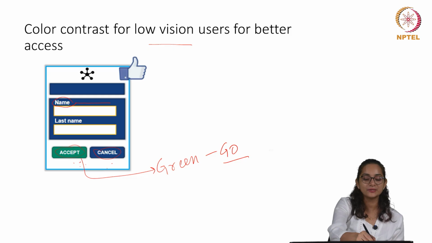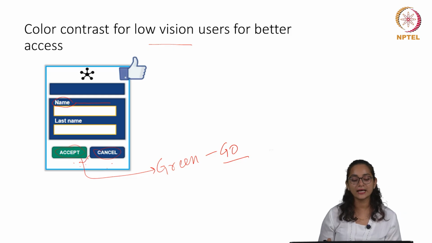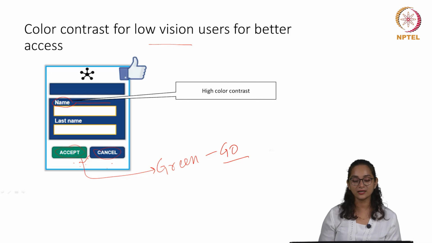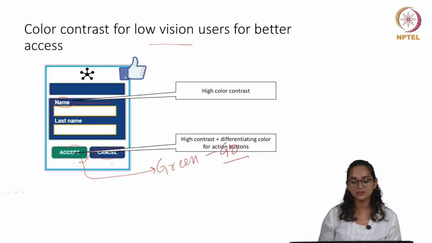So if the accept is green, it is likely that it will catch the user's attention and they will press accept after entering the detail, and by mistake they will not press cancel. So high color contrast plus differentiating color for action buttons.